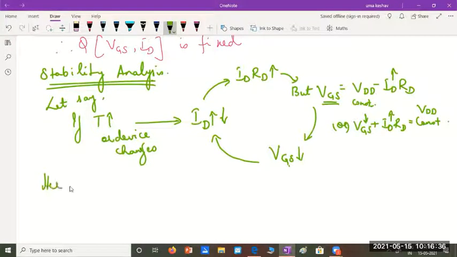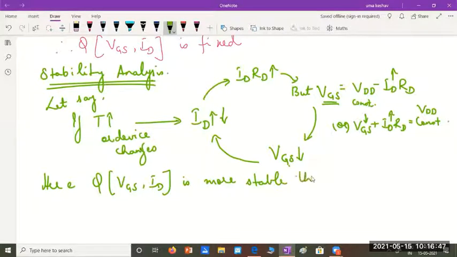Here, the Q point whose coordinates are VGS and ID is more stable than fixed VGS bias, the first case where I had fixed VGS. This gives us a better, higher stable operating point.